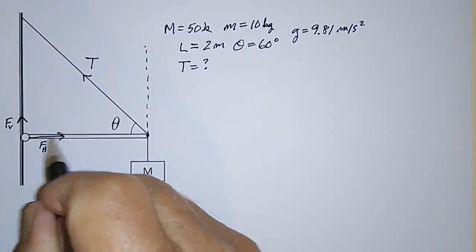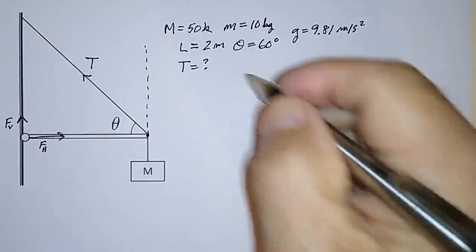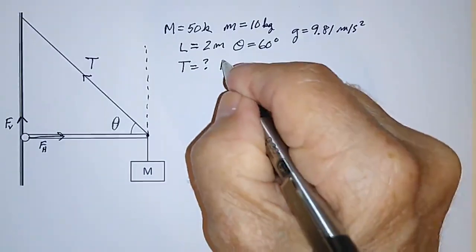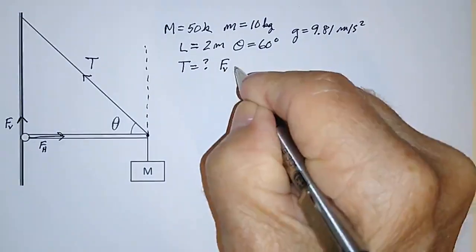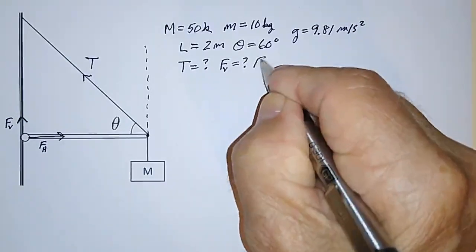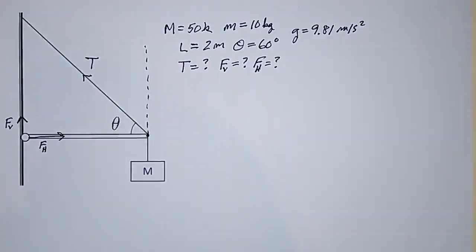They may not be accurately drawn, but we'll find that out once we solve the problem. So in addition to the tension in the cable, we want the vertical component of the force. We don't know what that is. We want to know the horizontal component of the force.